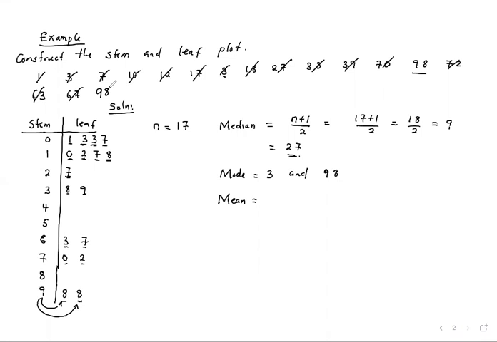So we get 643 and then divide by 17. We have 37.824 as our mean.